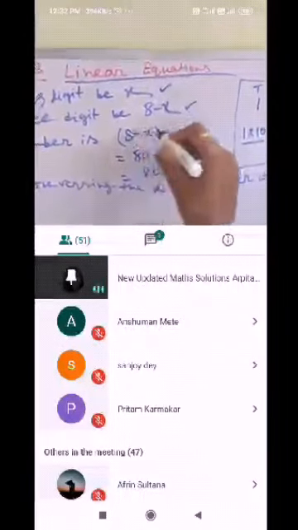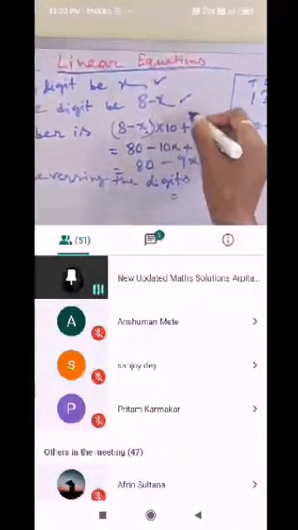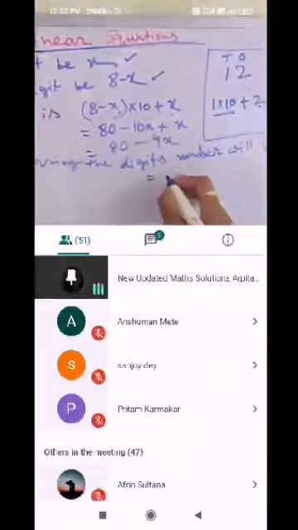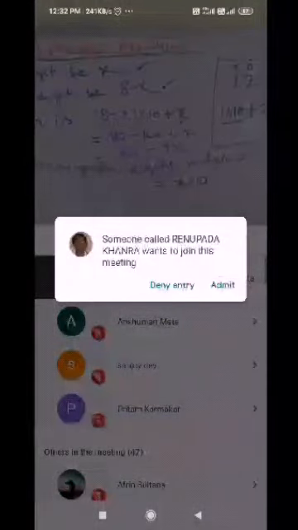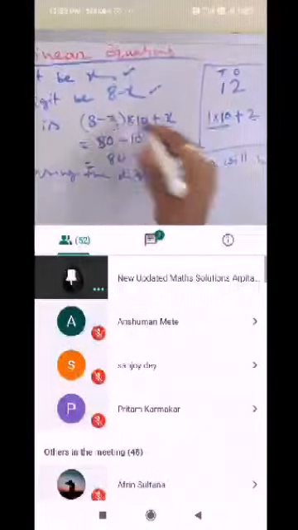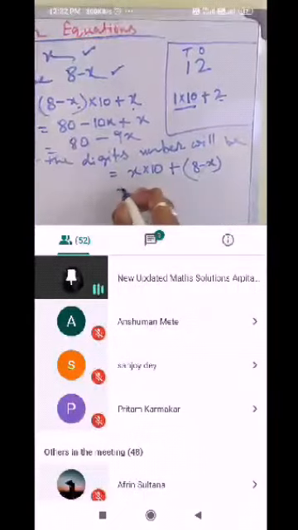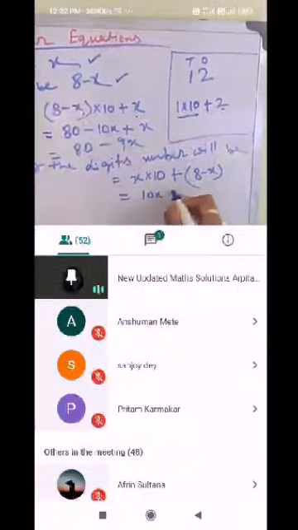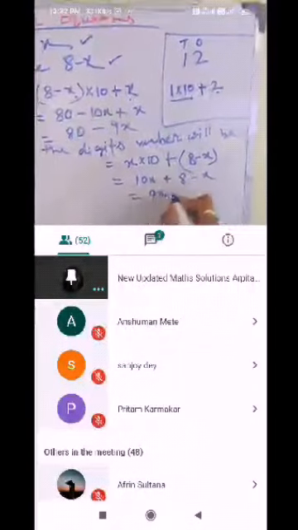Reversing means 8 minus x will be in the ones place and the ones place digit x will be in the tens place. That means x into 10 plus 8 minus x.